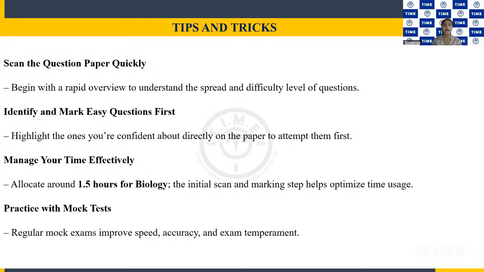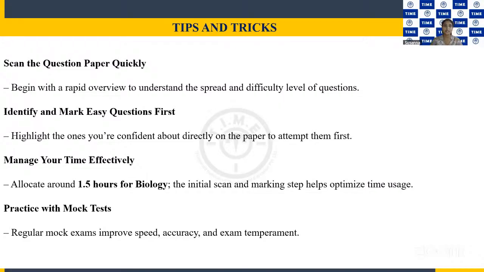Then identify and mark easy questions first. Using a pen, on the question paper you can slightly strike near the question number the questions which you are confident about and which you think you will attempt first, and keep it safe.